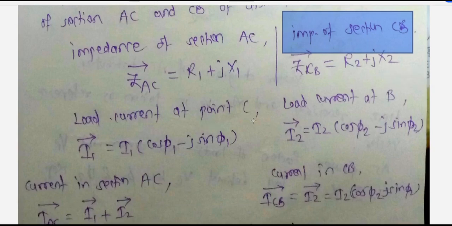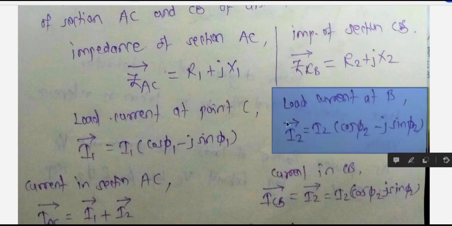The load current at point C can be found as I1 bar equals I1 in bracket cos phi 1 minus j sin phi 1. In the same way, the load current at B is I2 bar equals I2 cos phi 2 minus j sin phi 2.